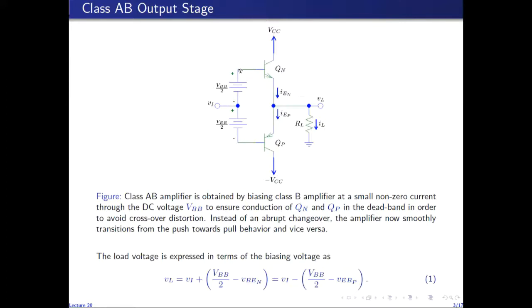The voltage between the base of Qn and the base of Qp is always equal to VBB. Since the voltage between these nodes is the sum of VBE plus VEB, the base emitter voltage of Qn plus the emitter base voltage of Qp will always add to this constant VBB.